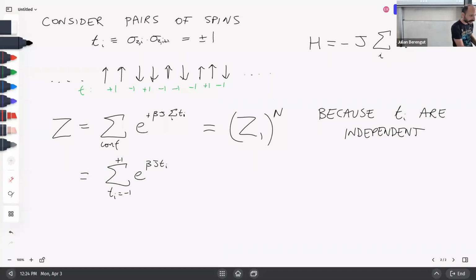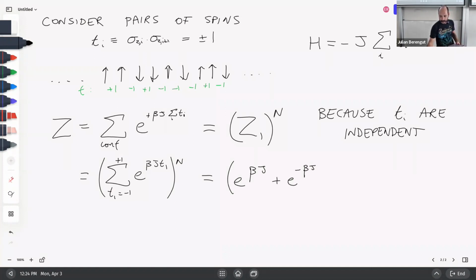I should write t1, not t_i, because we're just doing one specific example, to the power of n. And that's just (e to the beta J plus e to the minus beta J) to the power of n, which is (2 cosh beta J) to the power of n. So that's my partition function.